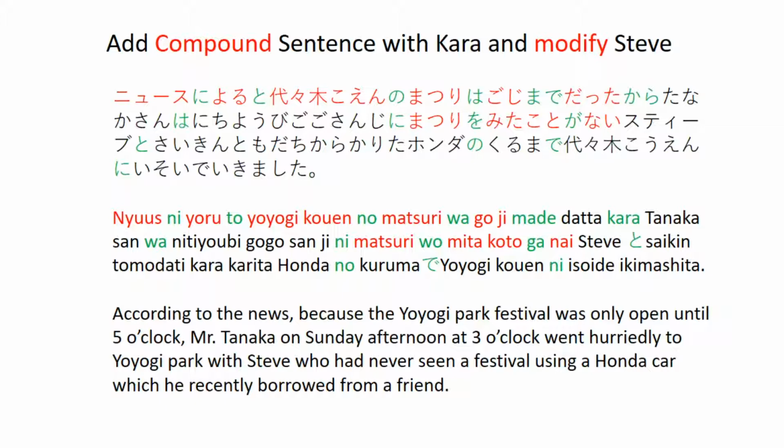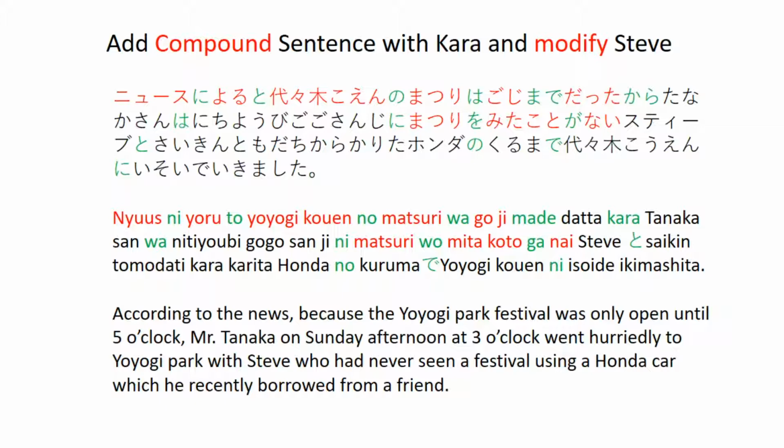Obviously, this is a very contrived sentence, which we typically would not say, but the purpose here is to show the use of the particles and the relative clauses, etc. So we formed a relative clause in the beginning marked by the word kara. So news ni yoruto means according to the news. Yoruto is a combined phrase. Yoyogi koen no matsuri, so the matsuri described by Yoyogi Koen, so the festival in Yoyogi Park.